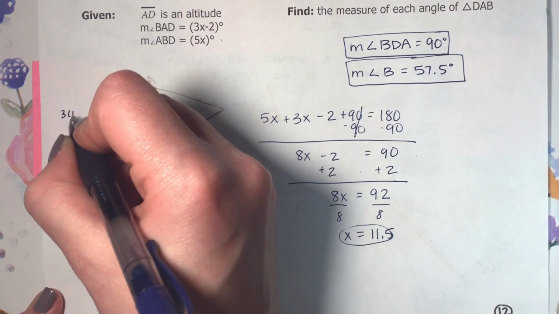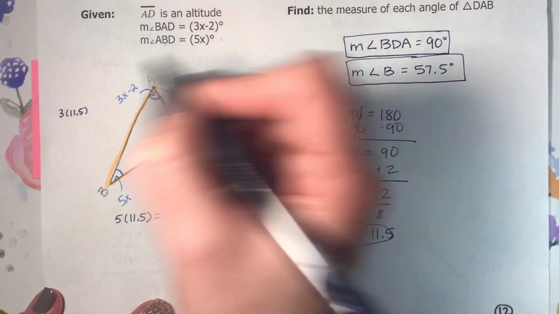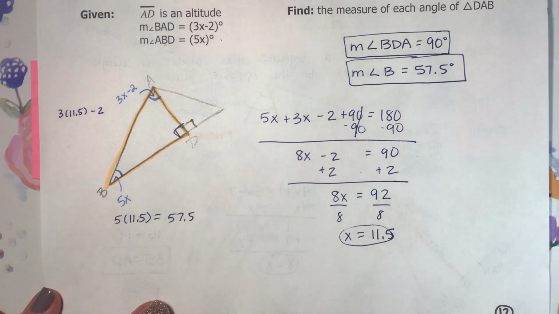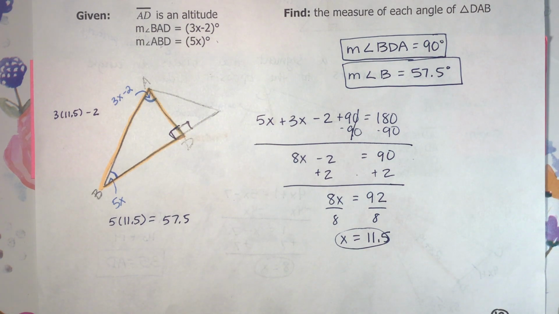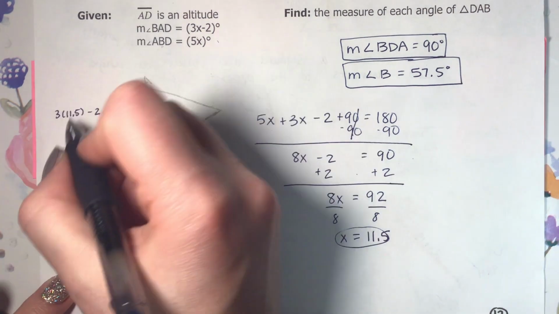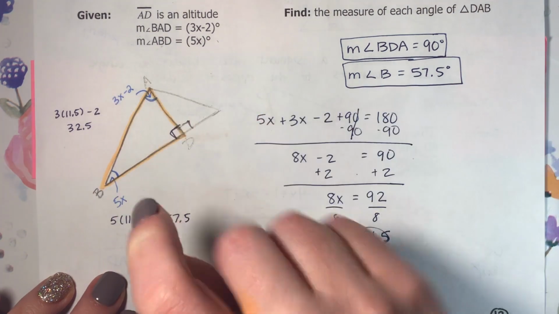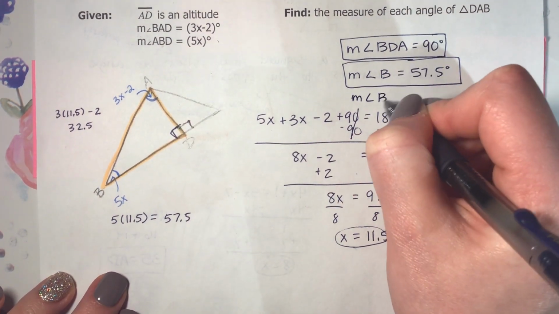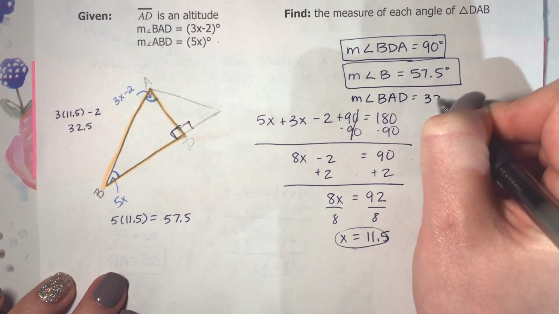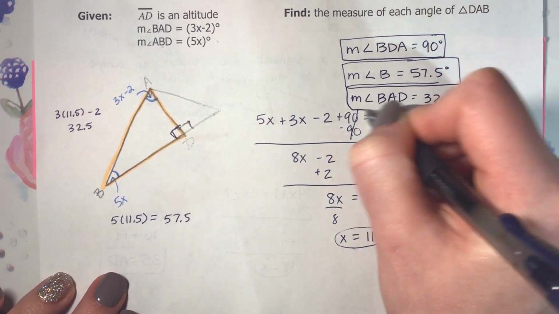So I have 3 times 11.5 minus 2. Put that in your calculator, and when you do, you end up getting 32.5. So now I know that the measure of BAD is equal to 32.5 degrees, and I'm done.